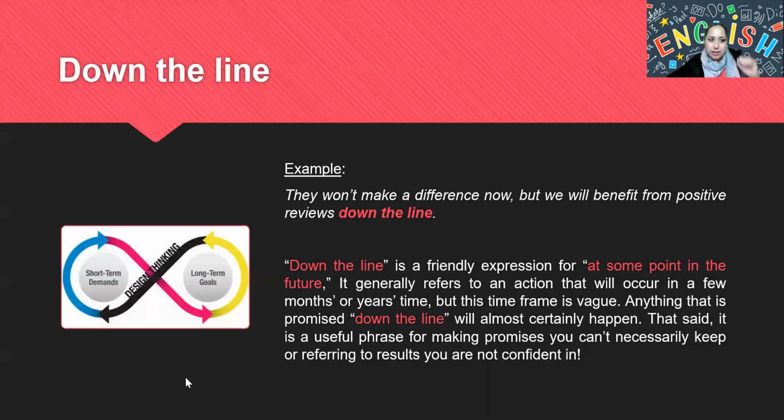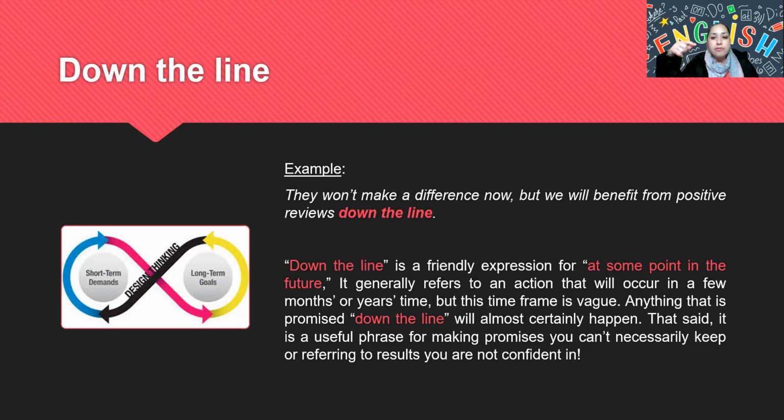Down the line, very much used a lot to talk about timing goals: long-term, short-term, mid-term. Example: they won't make a difference now, but we will benefit from positive reviews down the line.